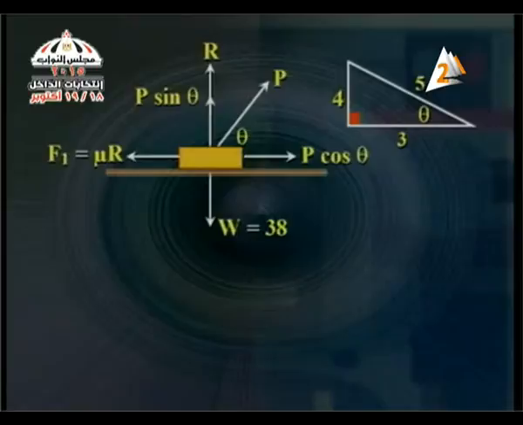In this triangle we draw angle theta whose opposite is 4 and adjacent is 3, then the hypotenuse is 5, so sine theta equals 4/5 and cosine theta equals 3/5.